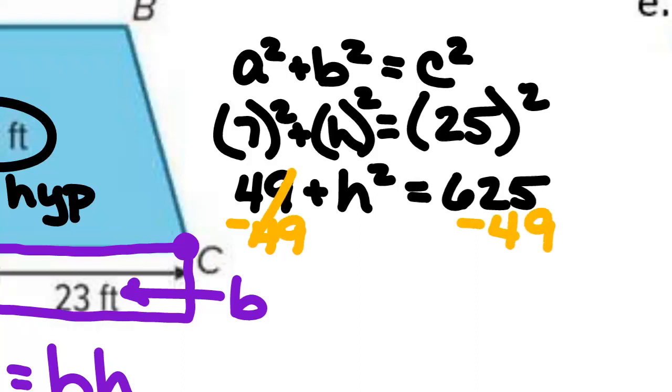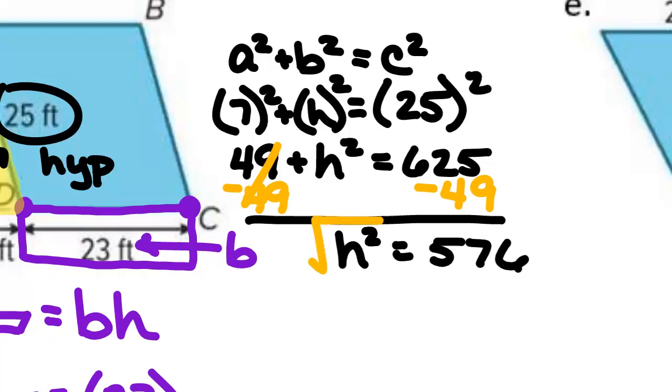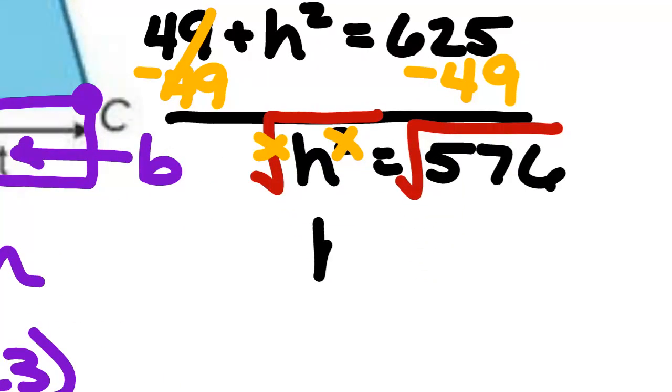What is 625 minus 49? 576. Then we do the square root of both sides. That'll make the squared cancel out on my H. What is the square root of 576?